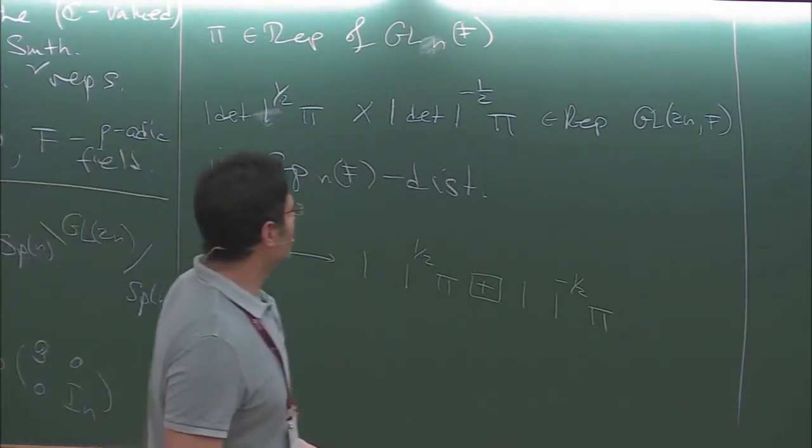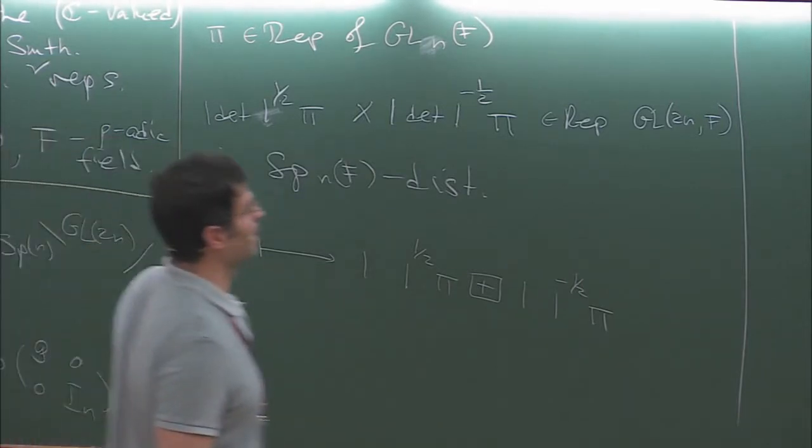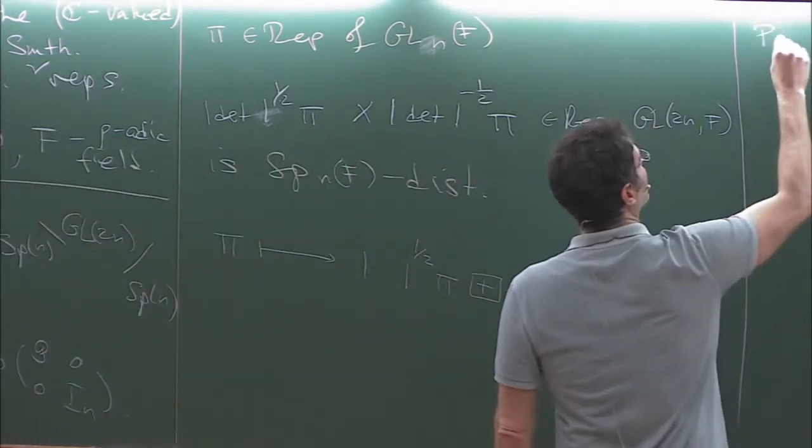So what would be a possible approach to obtain all distinguished irreducible representations? Well, one could use one of the classifications.